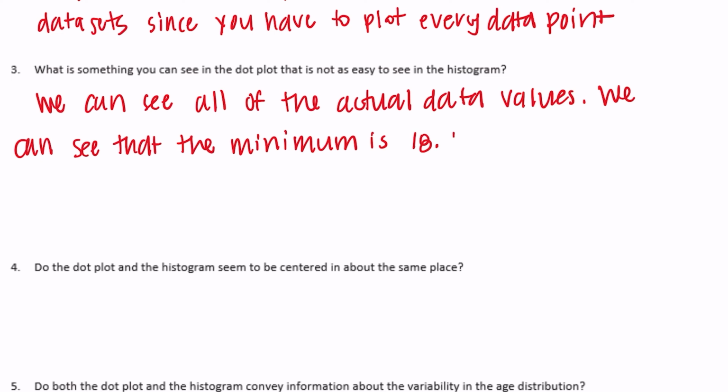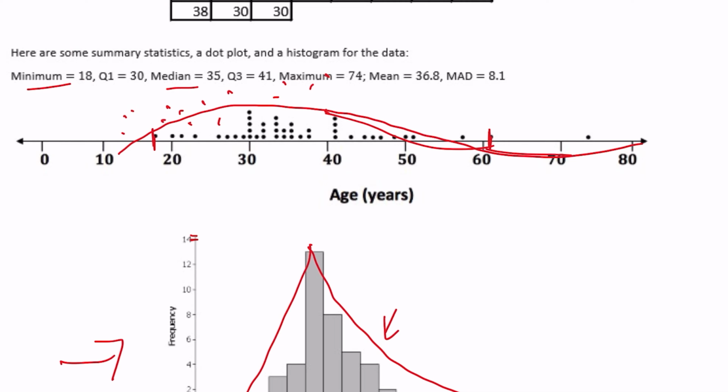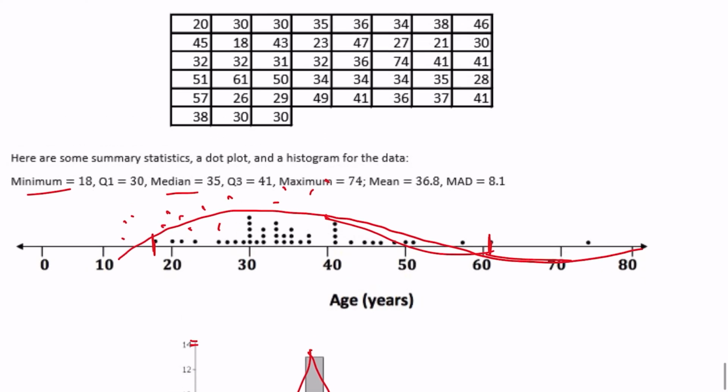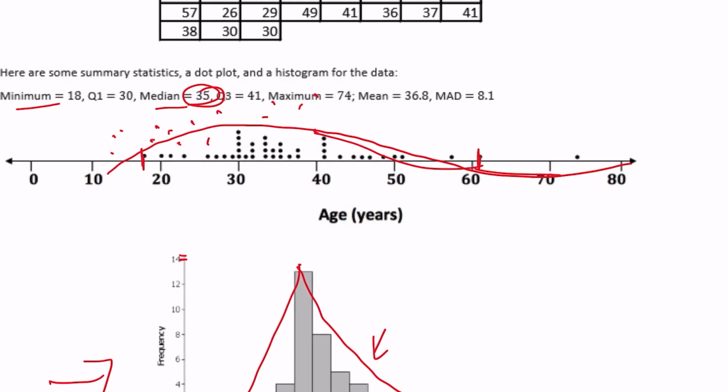And we could find the median. We could find the median by crossing it off and finding the middle. It tells us what the median is, 35, so we don't have to find it. But we could have found that using the dot plot.